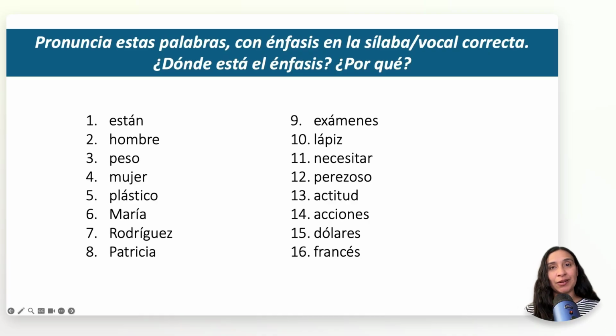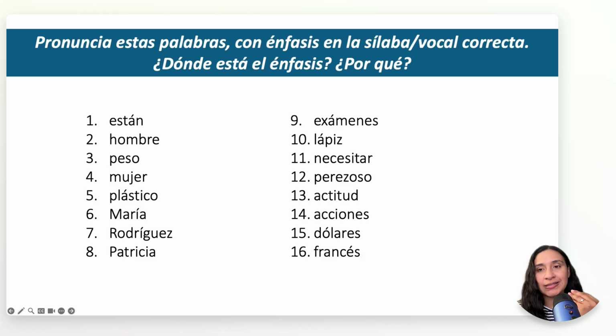This is very interesting because dólares, sometimes I have had students that say dolores, which is pain, and dólares is dollars. So try to pronounce this one, dólares.